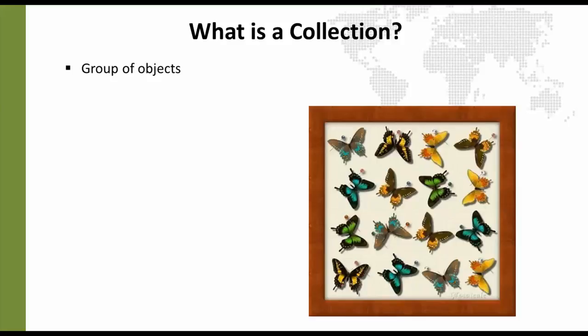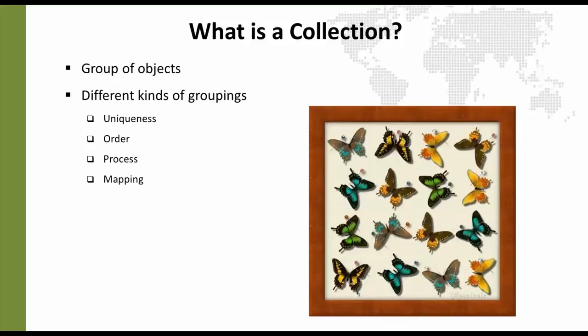And basically collections are broken up into a few different kinds of groupings, and those groupings are usually grouped around attributes like uniqueness, the order of the items in that group, some kind of process, so some kind of rules that govern how you can remove and add items from a group, or that you can search or find them, and then some kind of mapping.